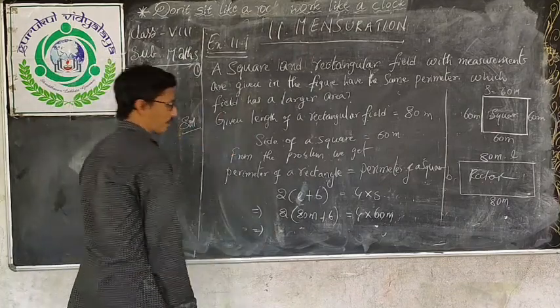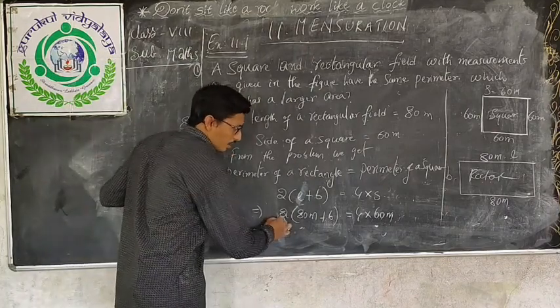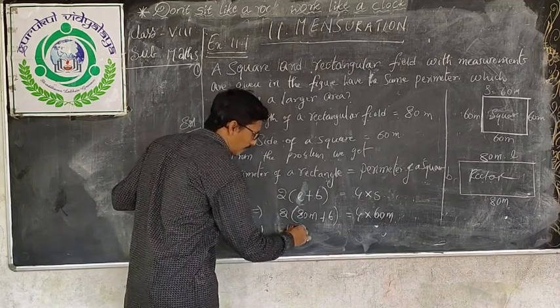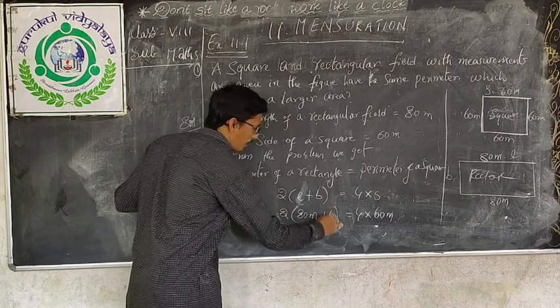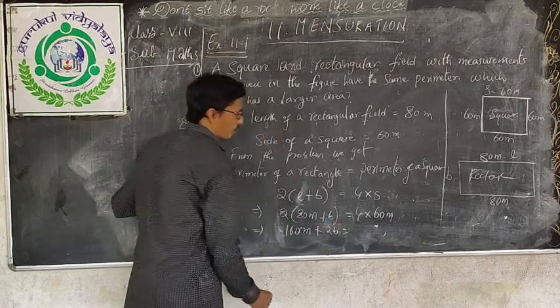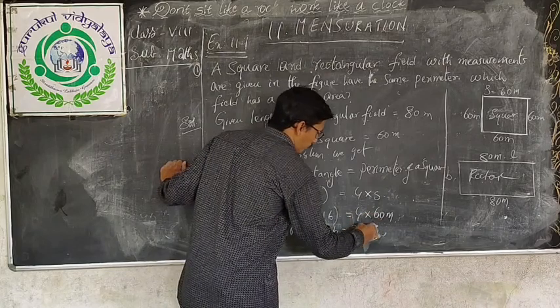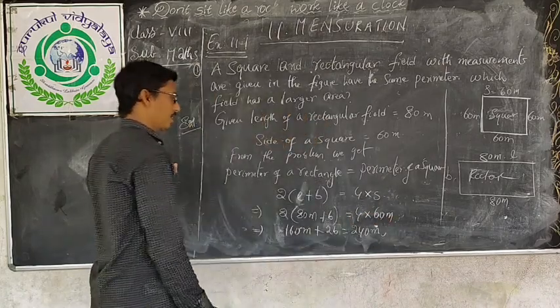Now solving this, 2 into 80, how much? Just multiply, 160 meters, plus 2 into B, 2B. So 4 into 60, 4 sixes are 24, that is 240 meters.